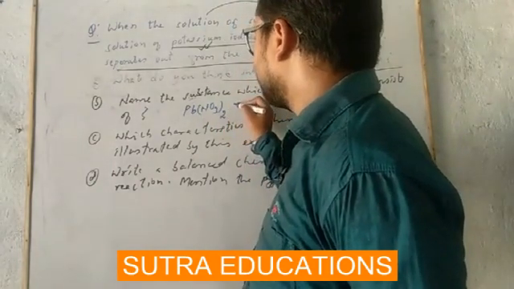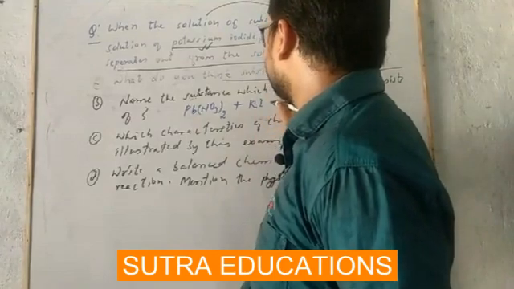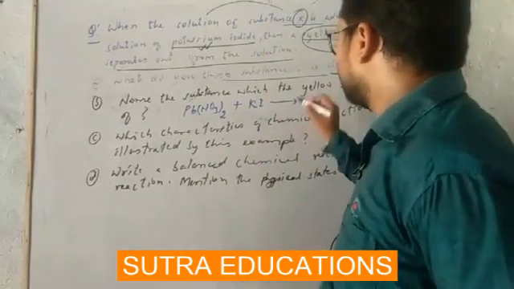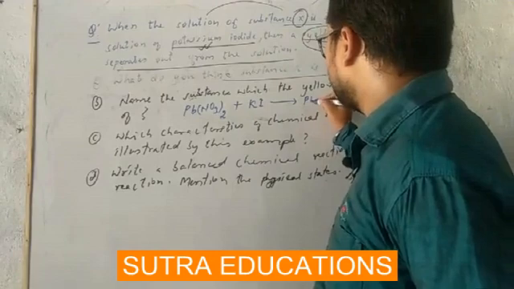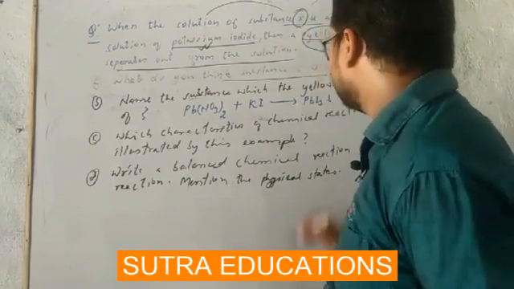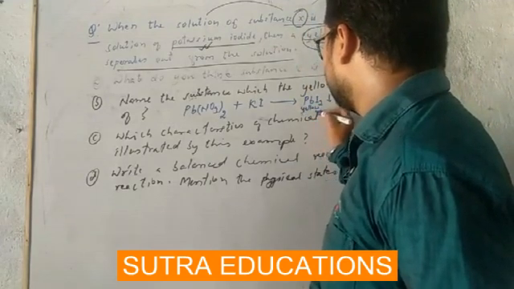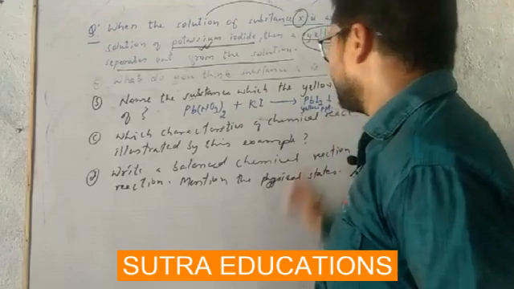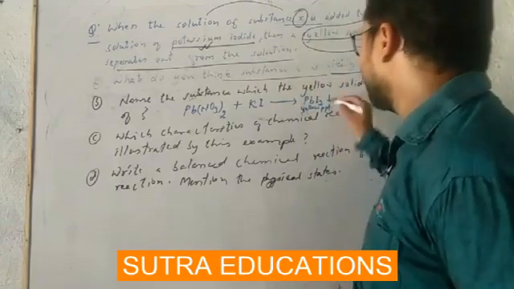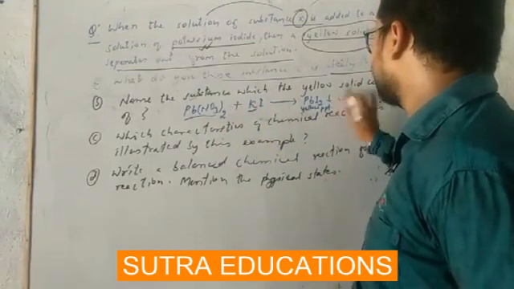Lead nitrate plus potassium iodide gives lead iodide, PbI2, which is a precipitate, and the color of this precipitate is yellow. So this is a yellow precipitate, and along with this potassium nitrate is formed.